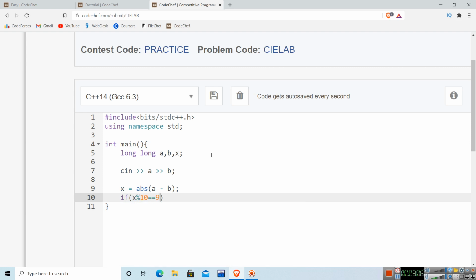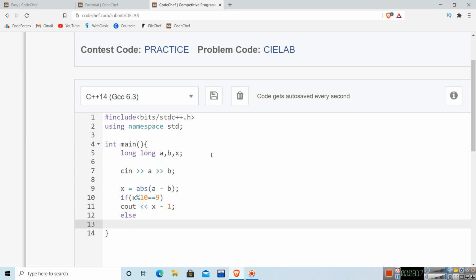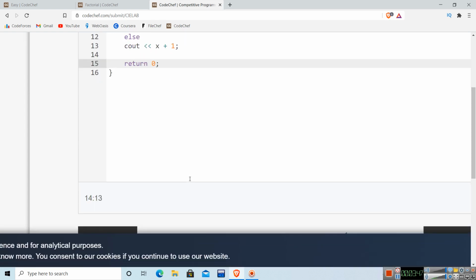If the last digit is 9, we are going to print x minus 1, else we are going to print x plus 1. Because if the last digit is 9, when we increment, if the answer was 9999, we get 10000, that is 5 digits. The answer might be wrong, so if the last digit is 9 we will decrement, else we will increment.